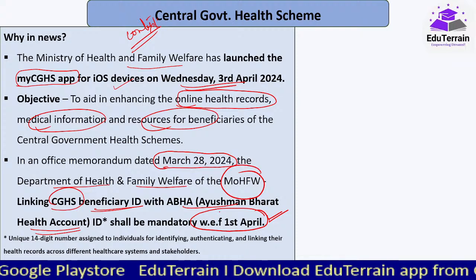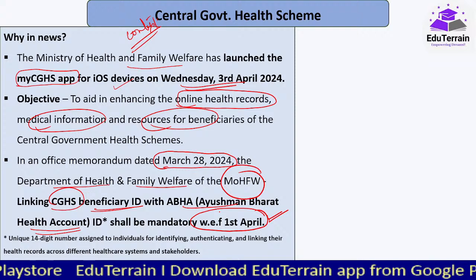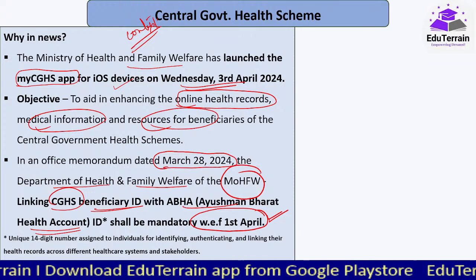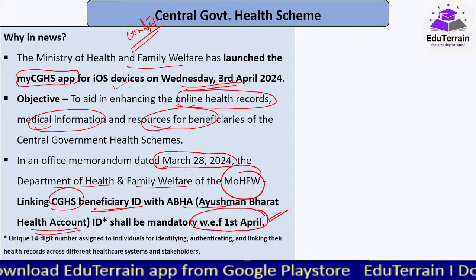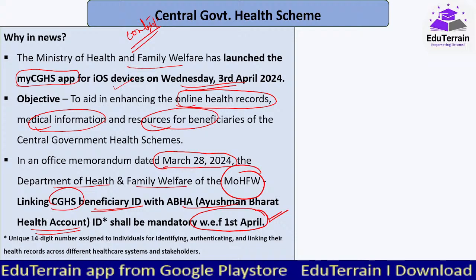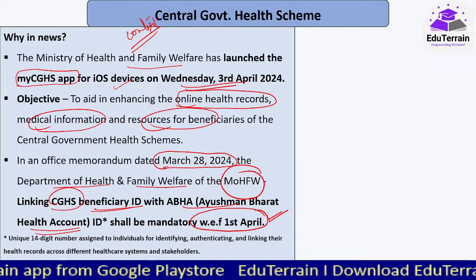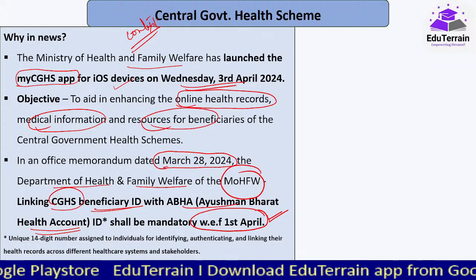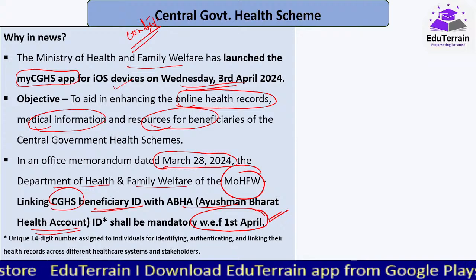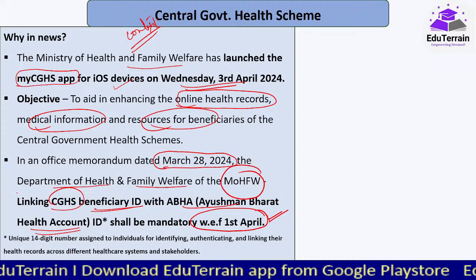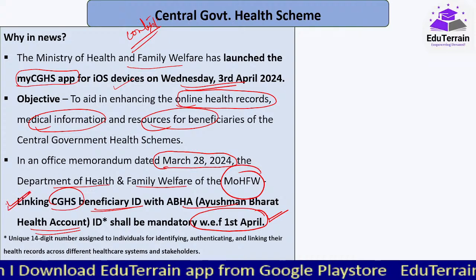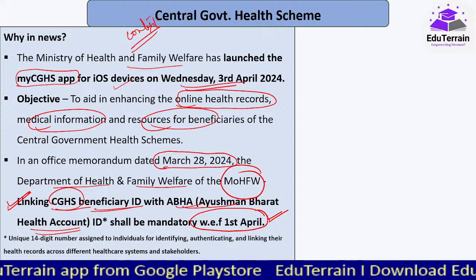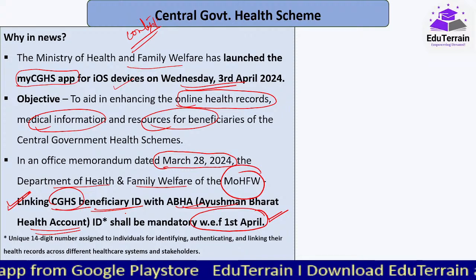Now, when we talk about the Ayushman Bharat Health Account ID, that is the ABHA ID, this is for the Pradhan Mantri Jan Arogya Yojana Ayushman Bharat, that is PMJAY, the scheme under which free tertiary care is provided. It is exclusively different, that is, for the poorer households. Now many times it happens that the treatments are similar. In order to avoid that, and in order to club them together as per the treatments that are provided, the Department of Health and Family Welfare thought, okay, let's link the CGHS beneficiary IDs with the ABHA beneficiary IDs so that it would be easy for the implementation, because the objective of both is the same.